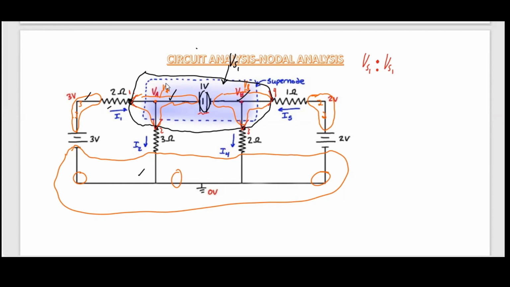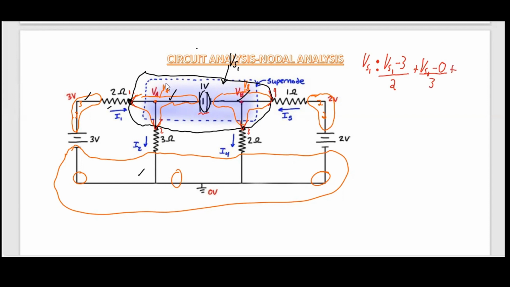We are coming from VS1 minus where we are going. So I'm going to 3. So VS1 minus 3, divided by the resistance in between them, which is 2. There you go, again, divided by 2. Same thing, plus we are coming from VS1 minus we are going to ground, divided by 3.